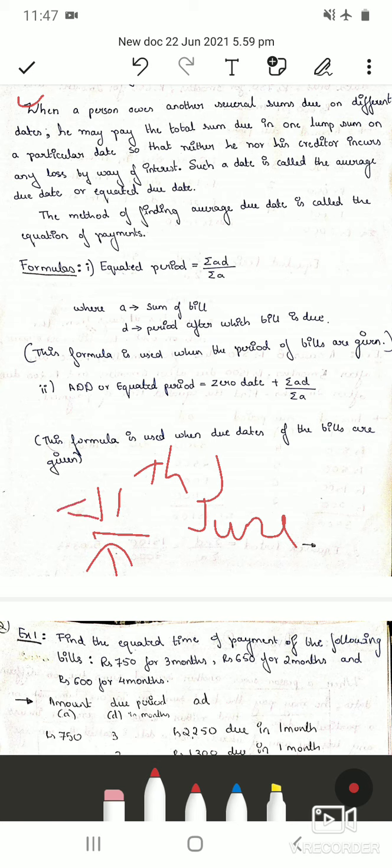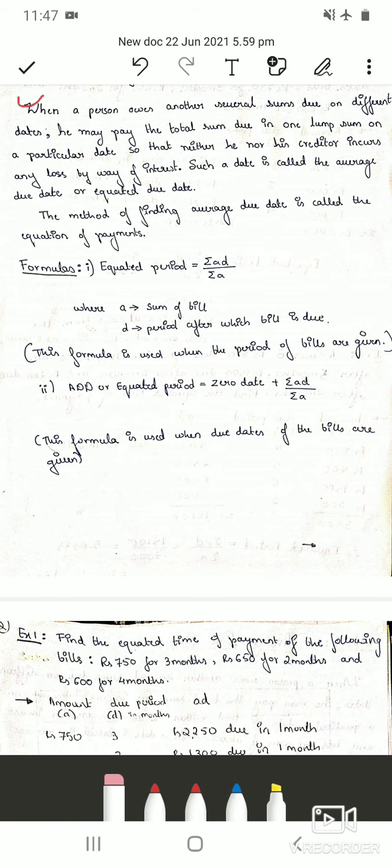And suppose you pay before 11th June, then the shopkeeper will give you a discount at a certain rate because you are making payment earlier than the due date. So in such cases you want to decide one date wherein neither you face any loss nor the seller, the shopkeeper or the creditor, has to bear any loss. Such a date is called the average due date.